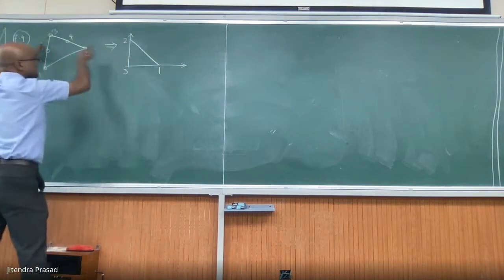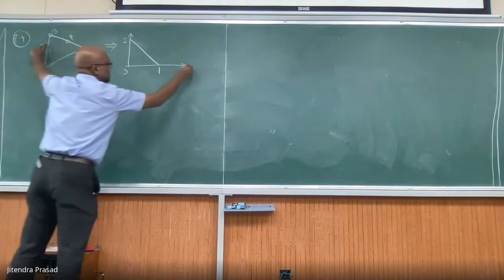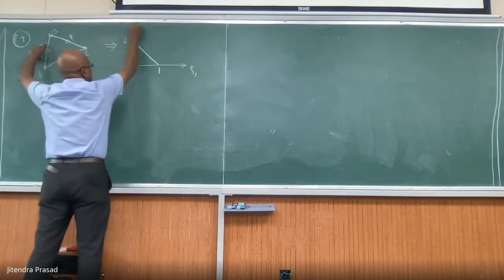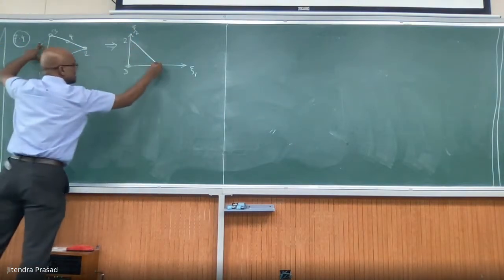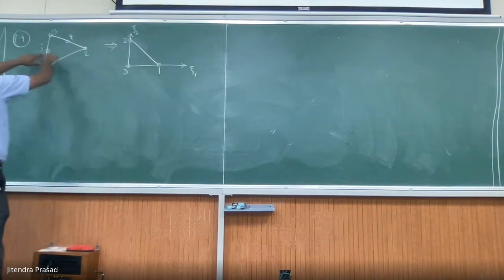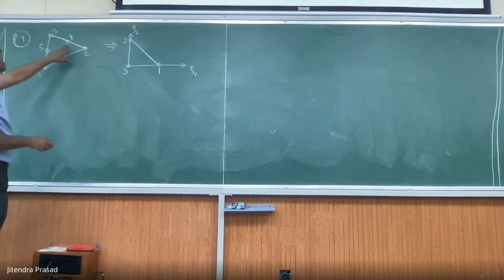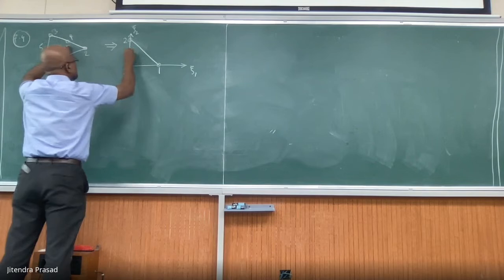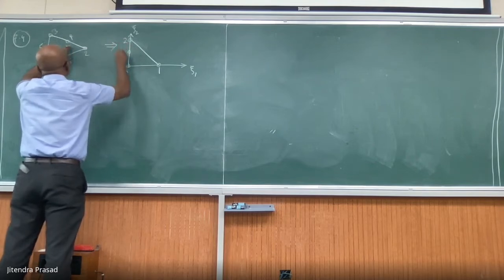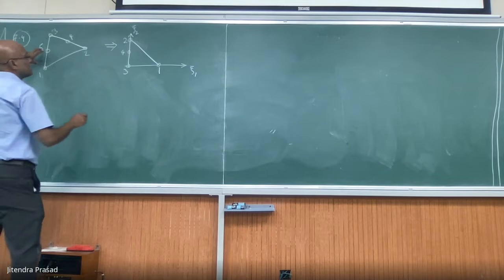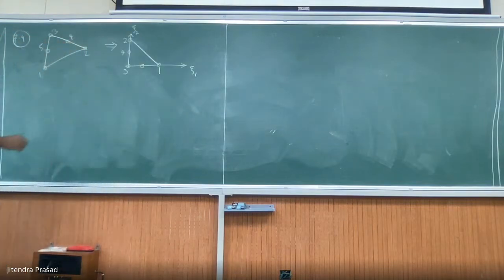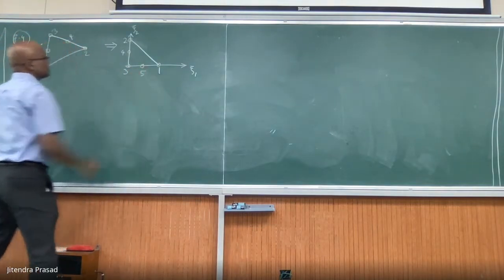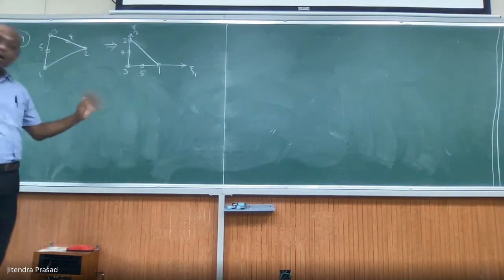This is how you transfer. So this becomes the xi1 system, this is the xi2 system, and this is 3. If we transfer that here, we get 5 here, between 2 and 3 we have 4, and between 1 and 3 here we have 5. Either you can write this way, or we can also look at it another way.